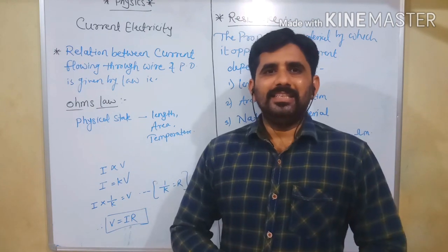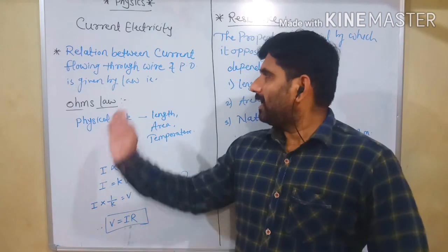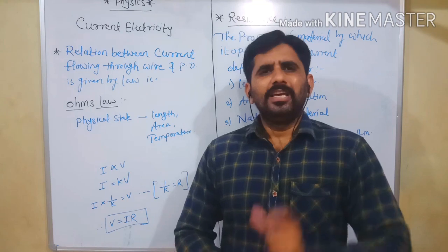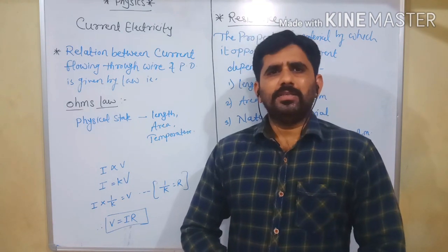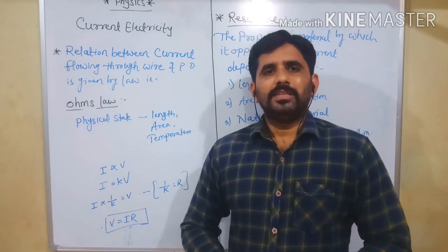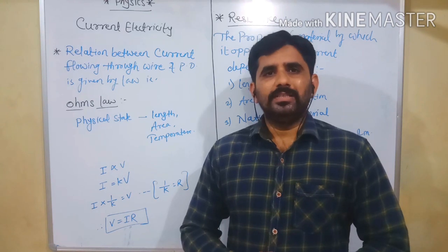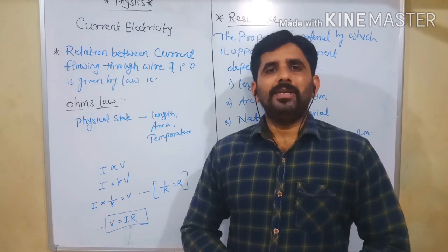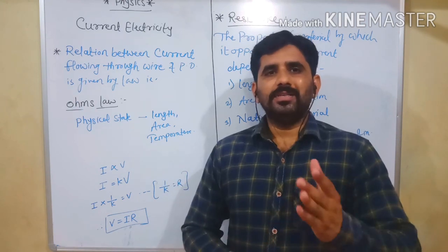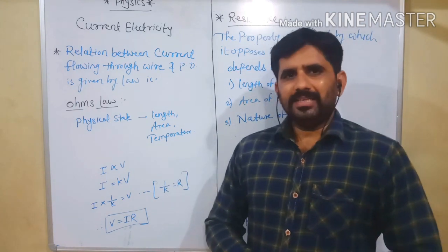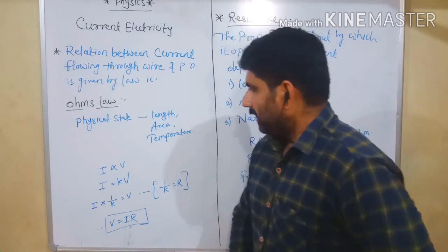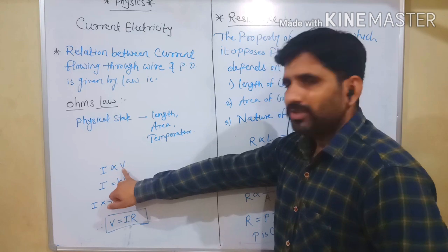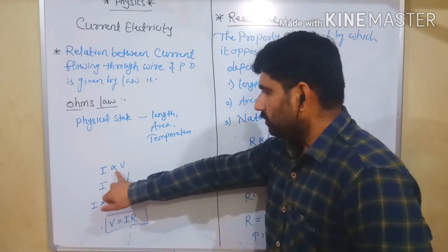The statement of Ohm's law is: if the physical state of a conductor remains constant, then the current flowing through it is directly proportional to the potential difference applied across the two ends of the conductor. Mathematically, we write this as current is proportional to potential difference, that is I proportional to V.